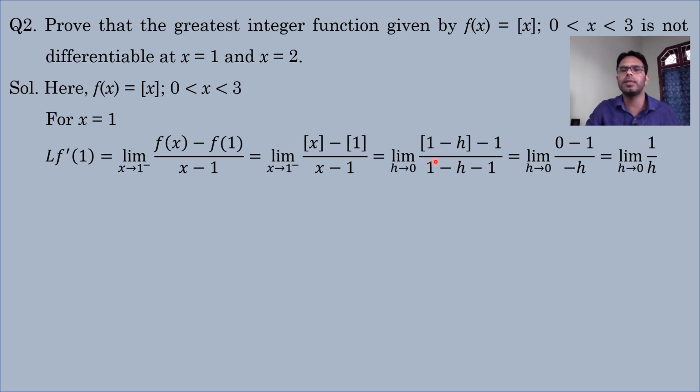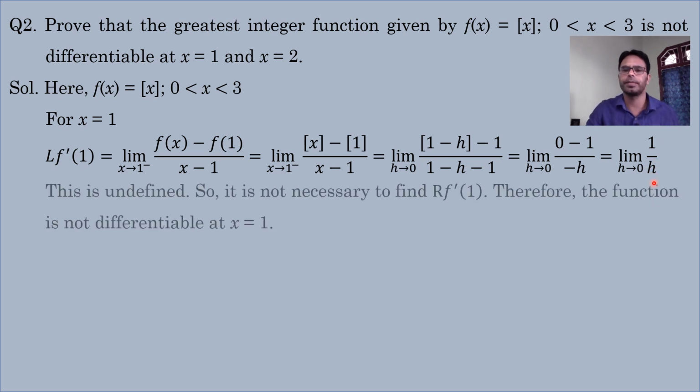This greatest integer of 1 minus h is 0 only, then minus 1 divided by minus h. So we have 1 by h, and this limit can never be defined, because there is no possibility to cancel the term h. So this is undefined, and it is not necessary to find the right hand limit, because already the left hand limit is undefined. Therefore the function is not differentiable at x is equal to 1.